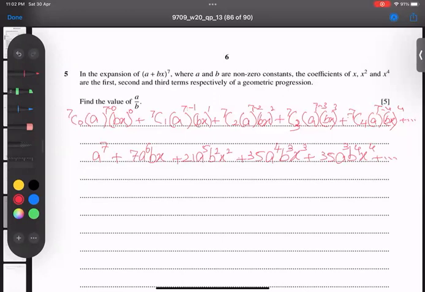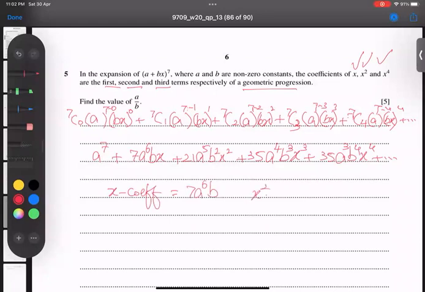Alhamdulillah. Now, according to the condition, what question has he given us? He says simply that the coefficients of x, x squared, and x to power 4 are the first three terms of a geometric progression. So where is the x coefficient? Let me write it. The x coefficient is 7a to power 6b. And what is the x squared coefficient?